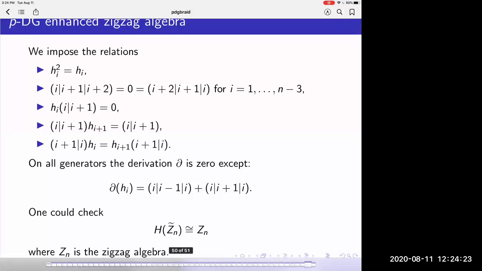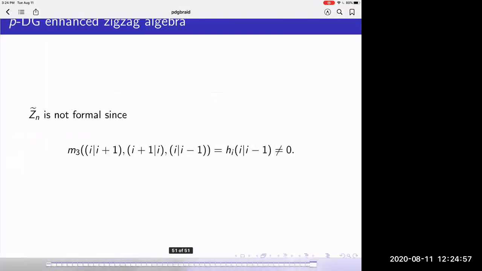Notice I didn't say anything about a loop to the left equaling a loop to the right, but one could check that d of this idempotent of degree 0 is equal to ii minus 1i, a loop to the left, plus ii plus 1i, a loop to the right. So you're killing it with this homotopy. That's how you kill this relation. And so the homology of this Pdg enhancement, or dg enhancement, of Zn tilde is the actual zigzag algebra.